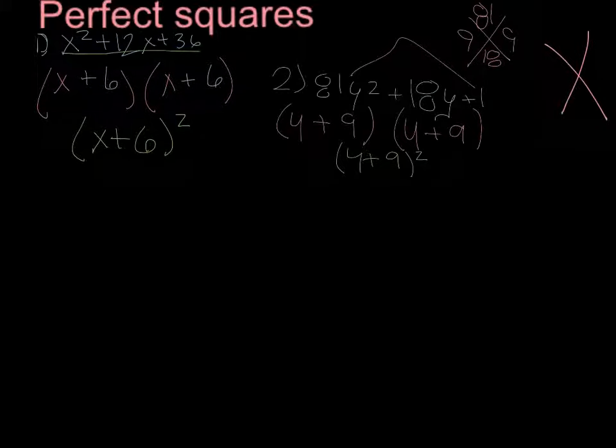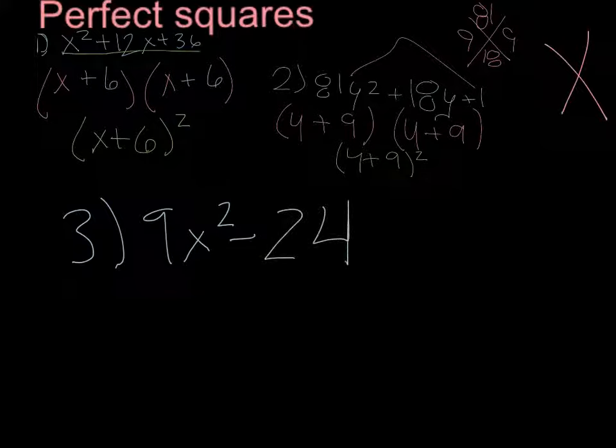Third and final equation. Our third equation is 9x squared minus 24x plus 16. What gives me 9 times 16 and adds to give me 24?